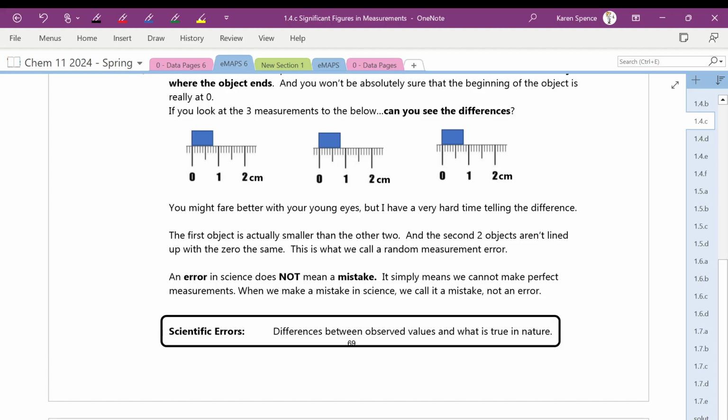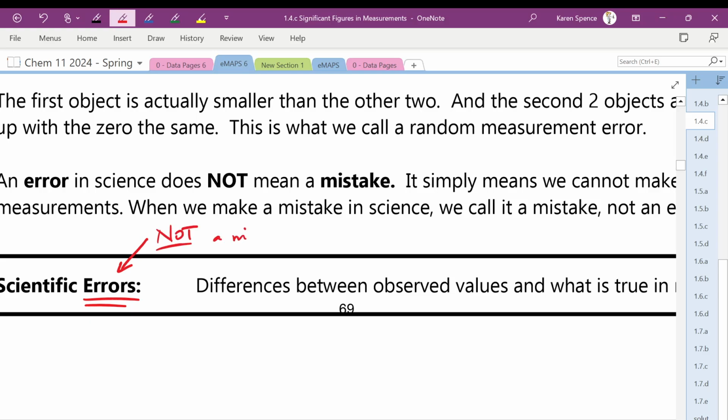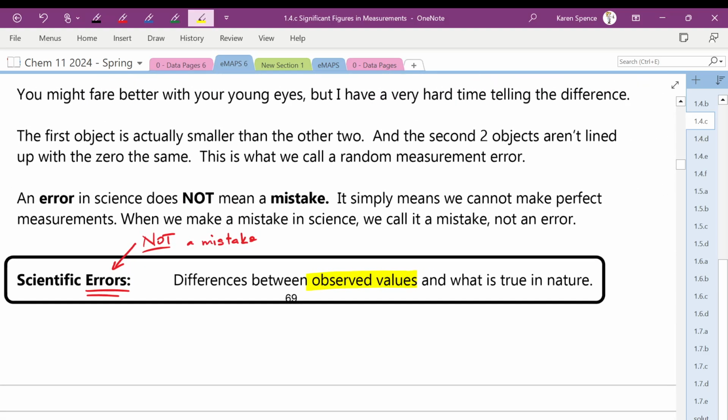A scientific error, not a mistake, is just a difference between what you observe, the observed value, and what the true value is.